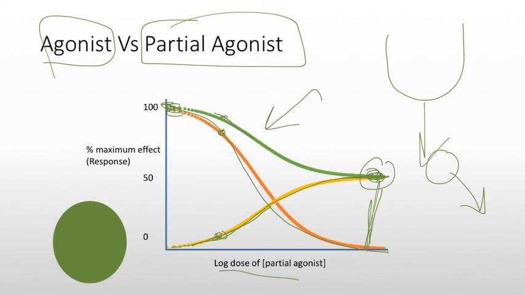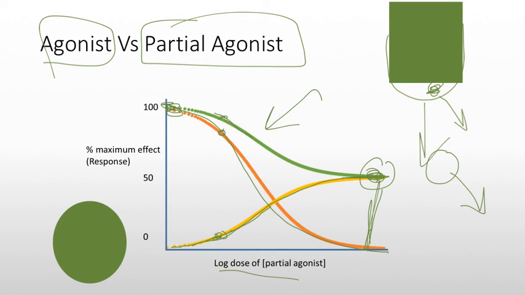On the other hand, I might have a drug that looks like this, and it goes in here and binds with the same affinity, but let's say that there's some sort of a button right here, and because it doesn't fully hit that button every time, it doesn't always cause a response. It only causes a response half the time. This is what we would call a partial agonist. It has an effect part of the time.